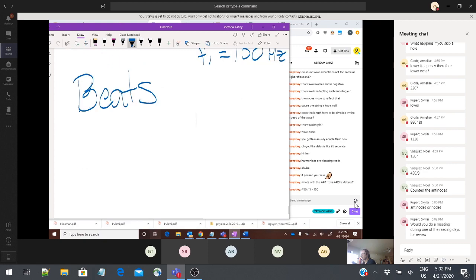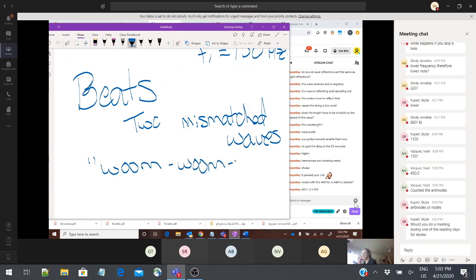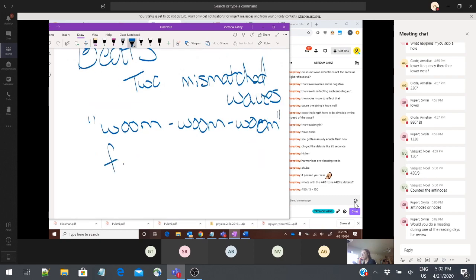If you have two slightly mismatched waves, they will go wow, wow, wow at a rate that is equal to the difference between them. That's sort of the extent that you really need to know. But you use it for tuning.